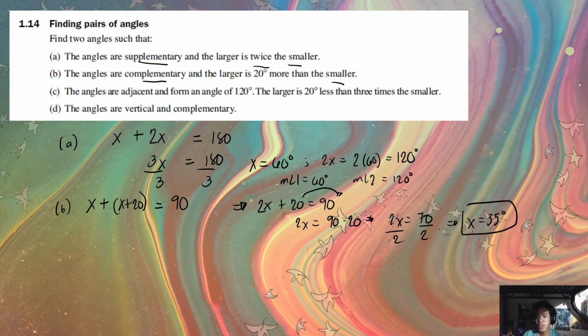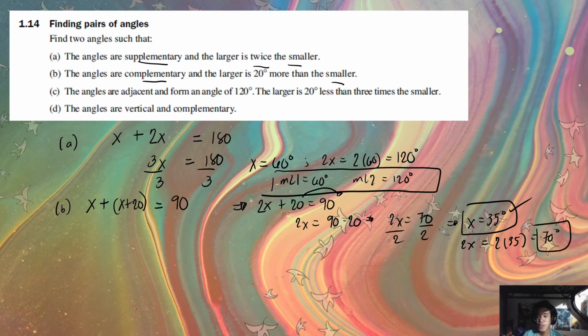So for this problem, let's just box the answers. The smaller angle is 35 degrees, and the larger angle, that's x plus 20, which is 35 plus 20, should give us 55 degrees. So that's for the second problem.